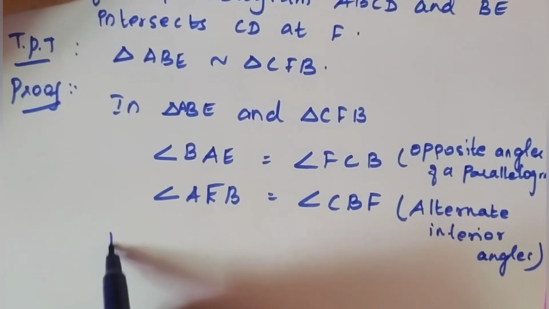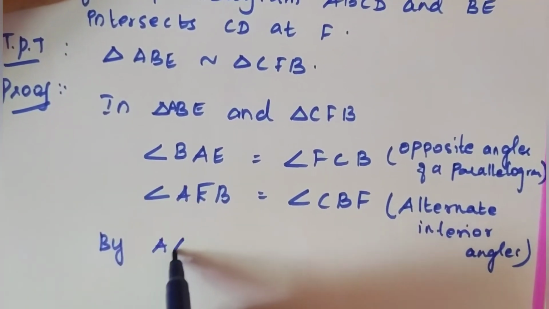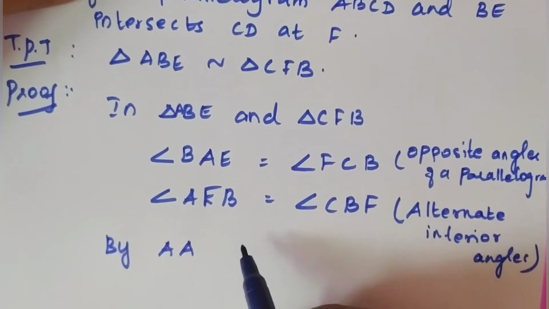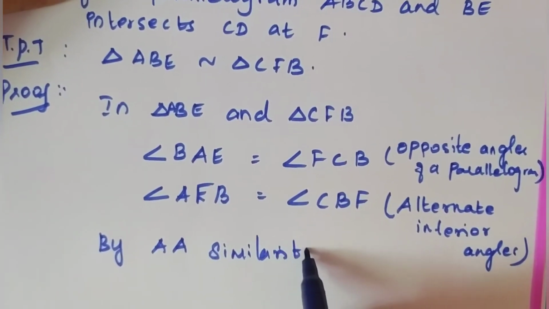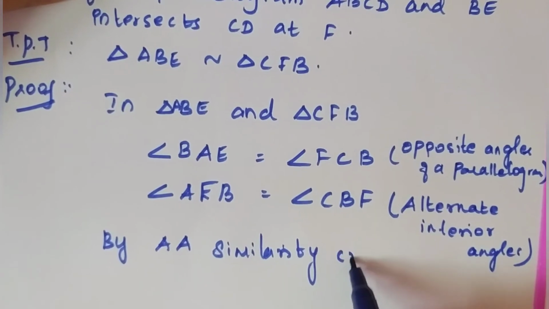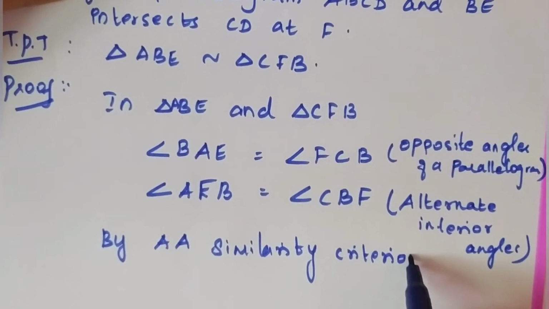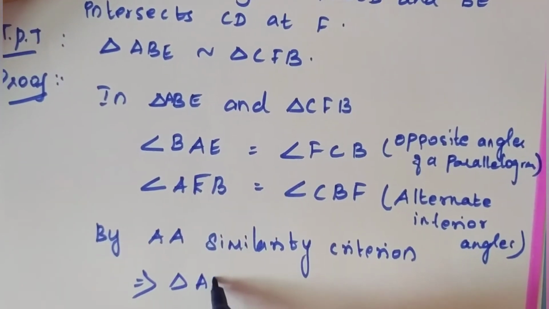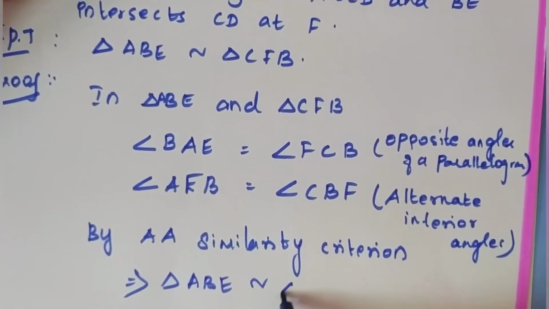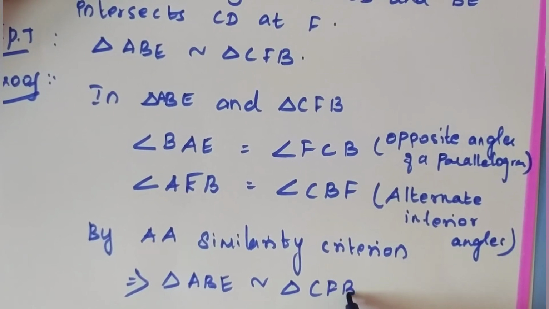Clear? Therefore, by AA similarity criterion, the triangle ABE is similar to the triangle CFB.